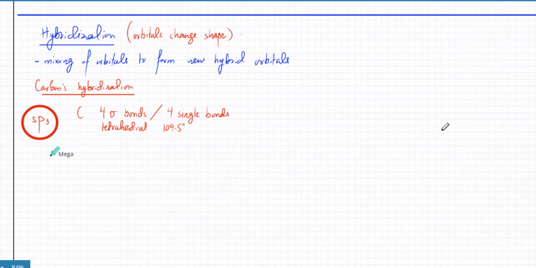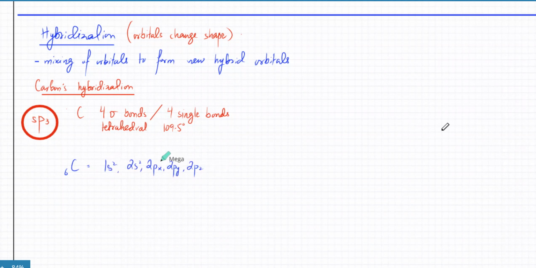Now, the first thing about hybridization, let's focus on carbon's electronic configuration. It's got 6 electrons. Right now I've just stated this, and we're going to understand all of this. So the electronic configuration is 1s2, 2s2, and 2px, 2py, and 2pz.